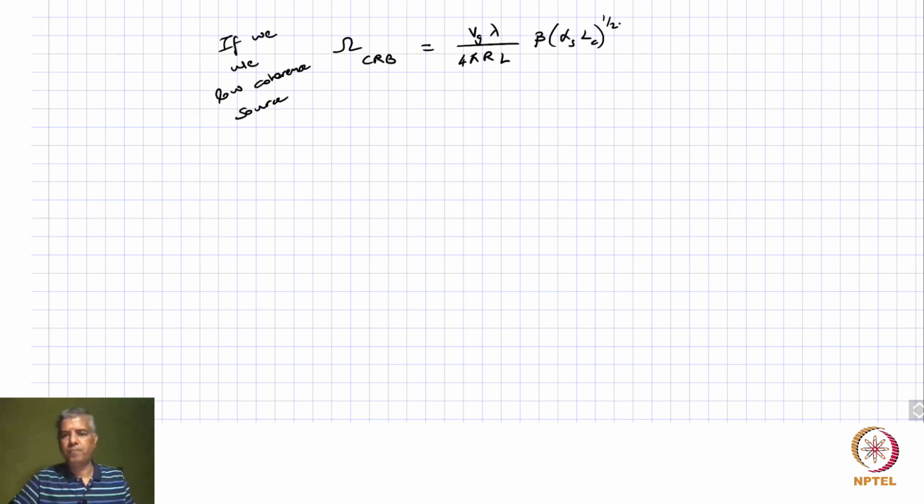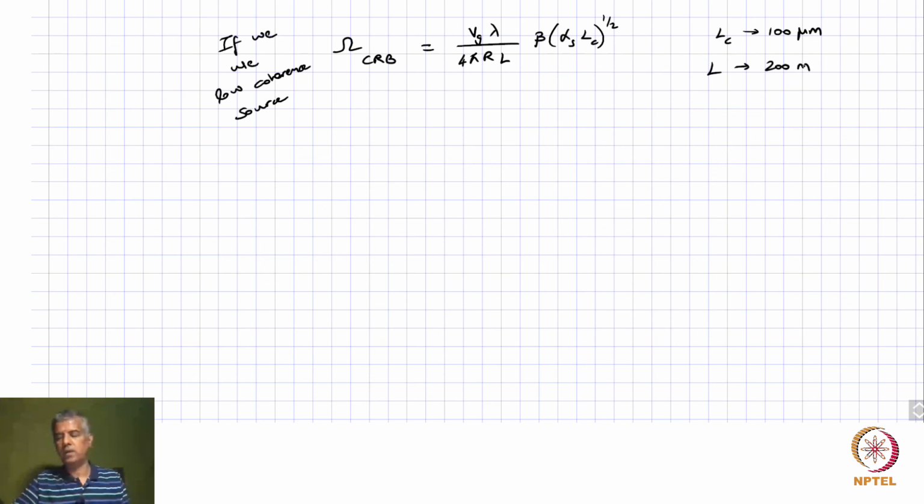And since LC is much smaller, in this case LC is 100 microns, whereas L is 200 meters, right.